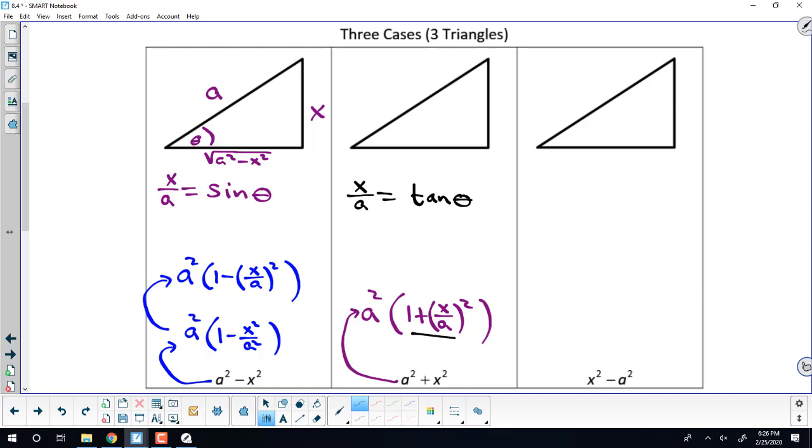Is everybody okay with that? I'm looking right here to base my substitution. Theta, tangent, is this here? Hypotenuse then would be the square root of a squared plus x squared.